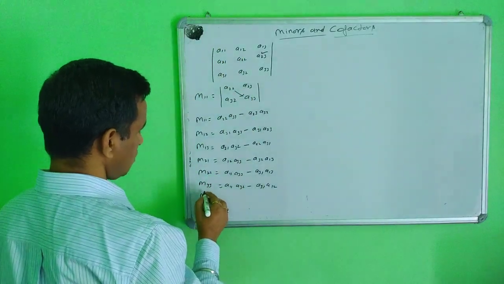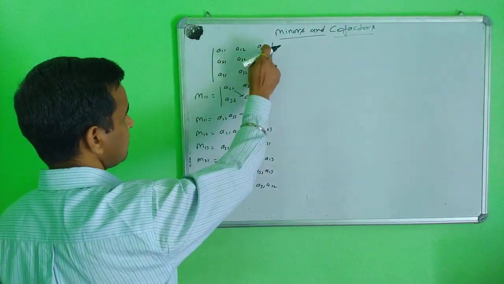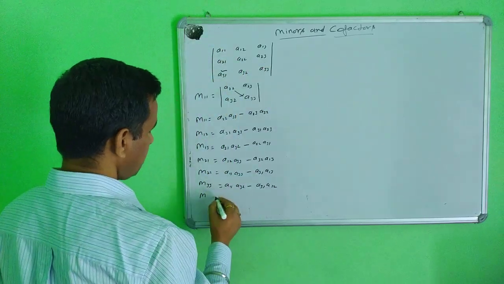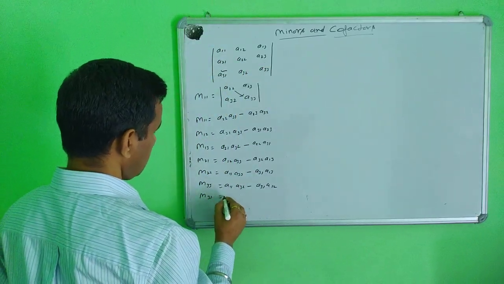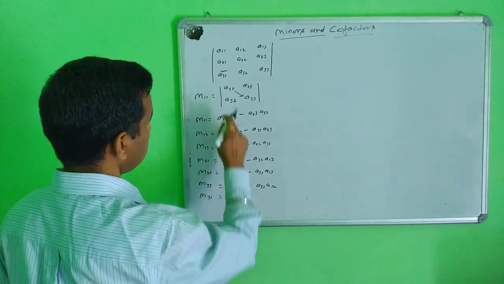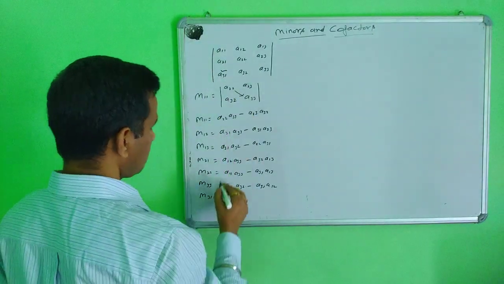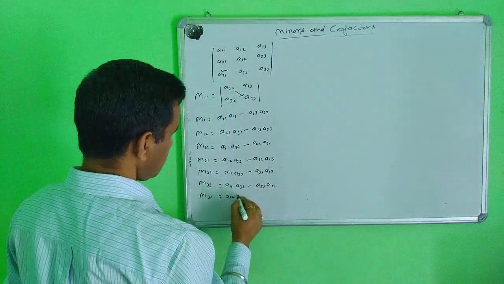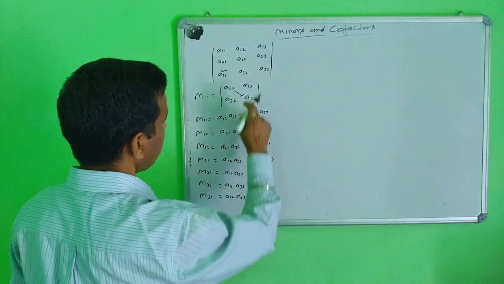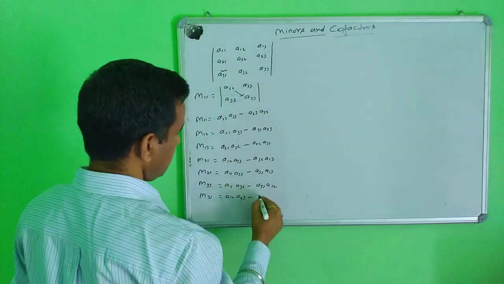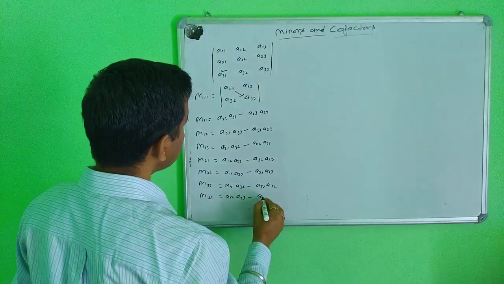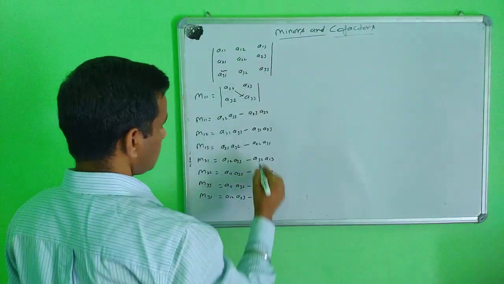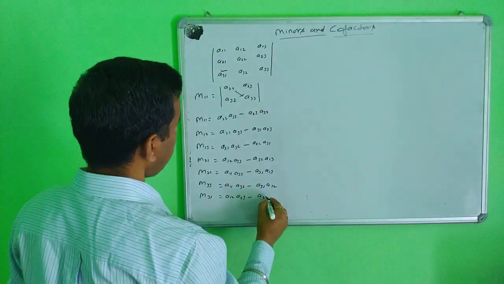Next, the minor of this element. This column and this row will be hidden. A11, A12 into A23 minus this into this, A22 and A13.